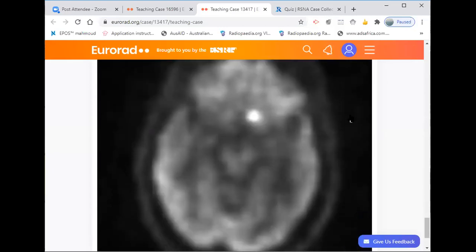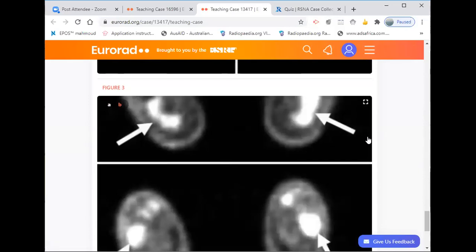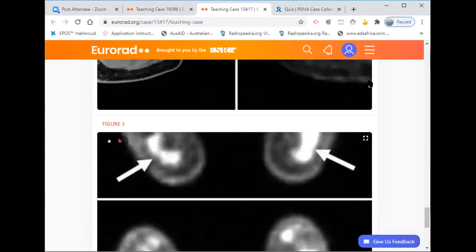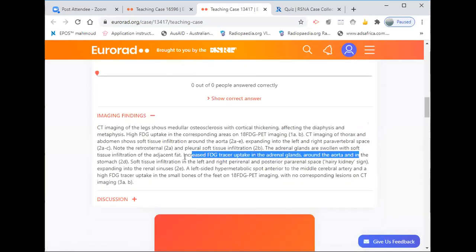With the collection of this, what could it be, and what about this brain image? Let's have a look at this one. Yeah, it is Erdheim-Chester probably. Let's have a look at the image finally to collect the data.